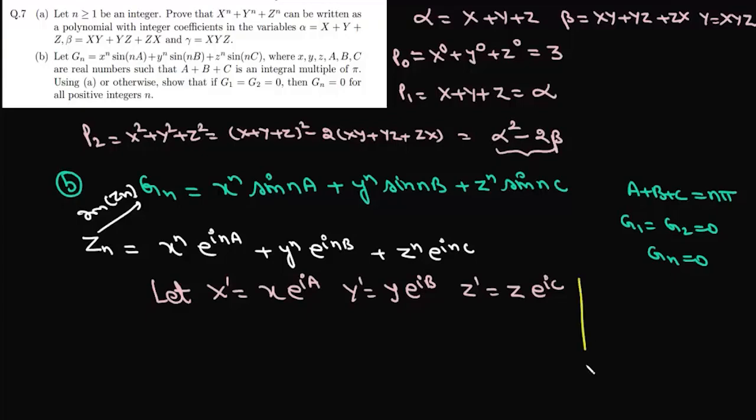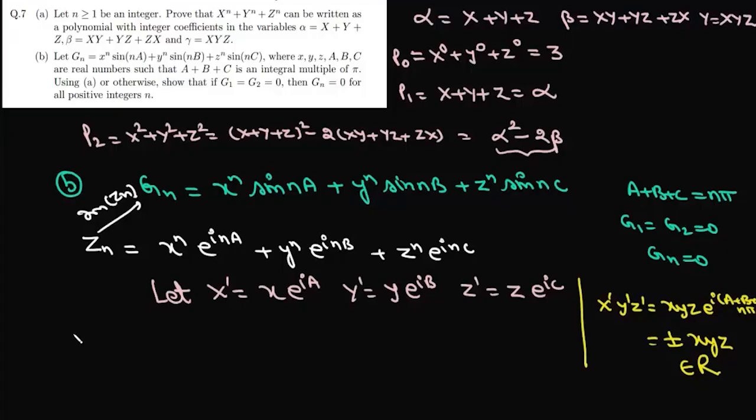Now if we multiply these three, we can write x dash y dash z dash as equal to xyz e to the power iota a plus b plus c, which is n pi. So this is cos n pi plus iota sin n pi. Sin n pi is 0, so it will be plus or minus xyz. So this x dash y dash z dash is a real number. It belongs to R.